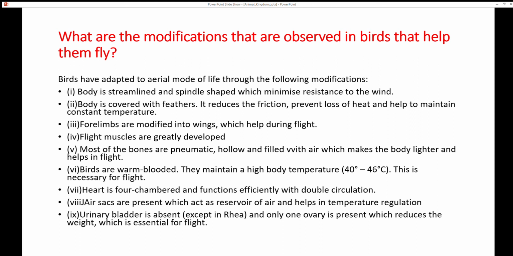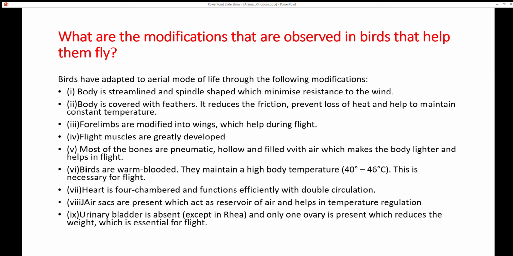The heart is four-chambered and functions efficiently in blood circulation. Like human beings, the heart contains two auricles and two ventricles: left auricle and left ventricle, and right auricle and right ventricle, which are receiving chambers and pumping chambers that flow the blood throughout the body. That is helpful for double circulation.